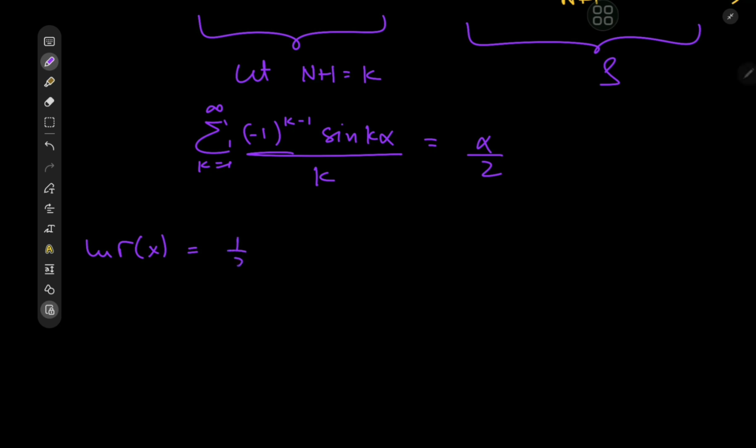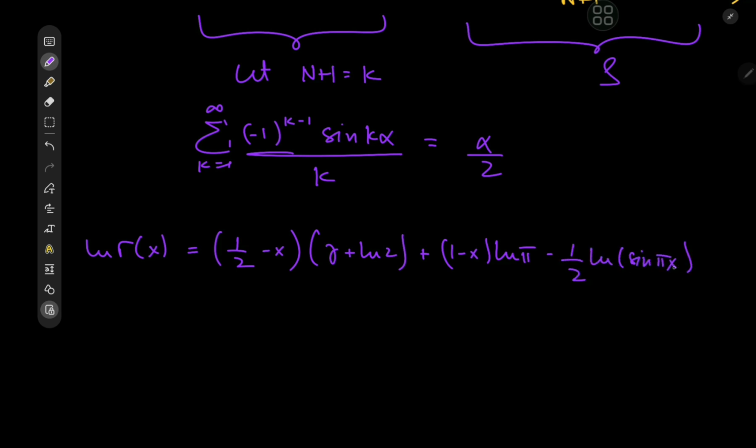So we have 1/2 minus x times the Euler-Mascheroni constant plus log 2. Then we have a plus 1 minus x times log pi, which does look pretty cool indeed. And we have a negative sign, minus 1/2 log sine pi x, correct? Yeah, that's about right.